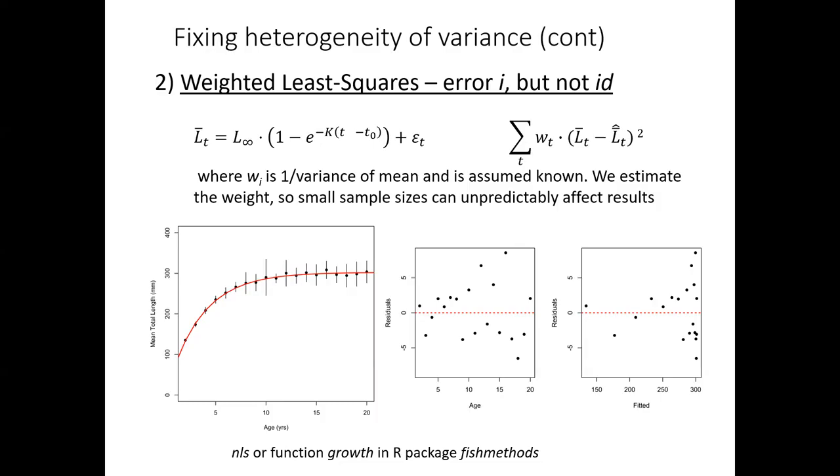The more information at a particular point, the more weight it gets. You can fit weighted least squares in the nls function, or again in my growth function in my FSA package. It's just another model. You can just change an argument to fit. You don't have to do anything.